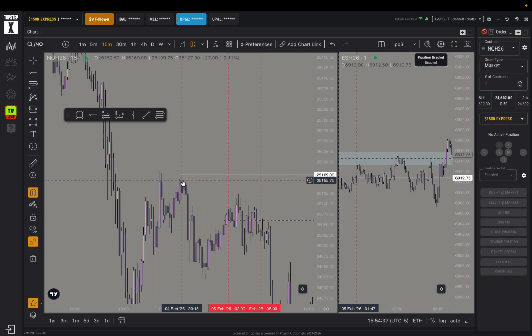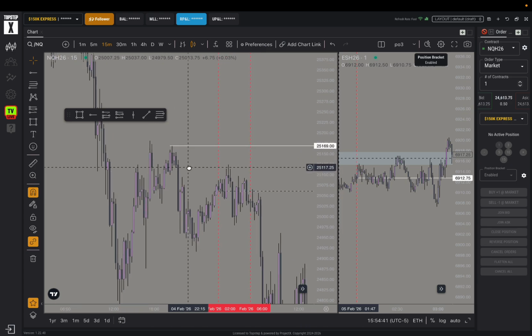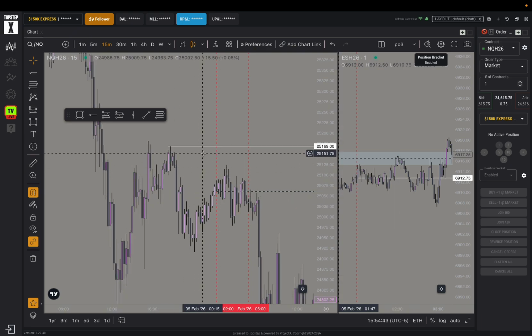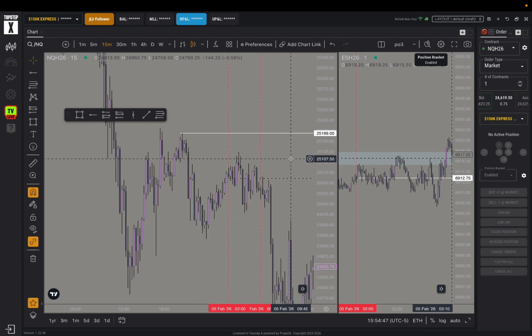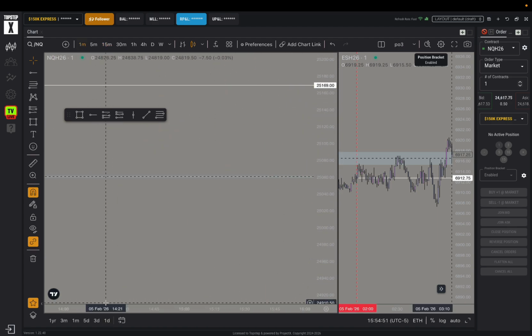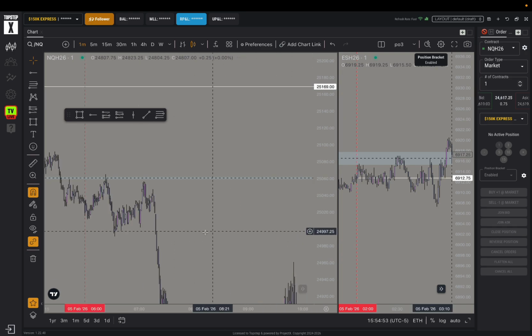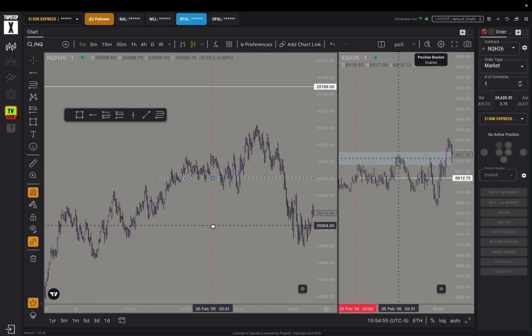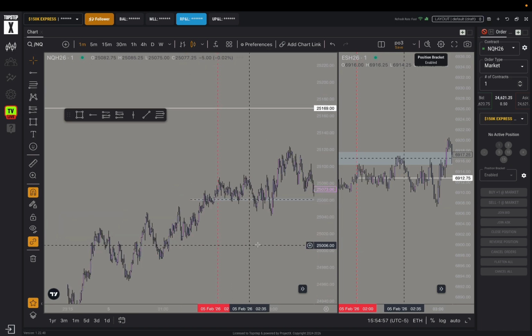And I saw this Asia high and almost equal highs right here. And I was like, okay, maybe we retrace, get those highs, and then go lower. So I was ready to take a long right here. And it literally happened, I think, a minute or a few minutes after I got stopped out.